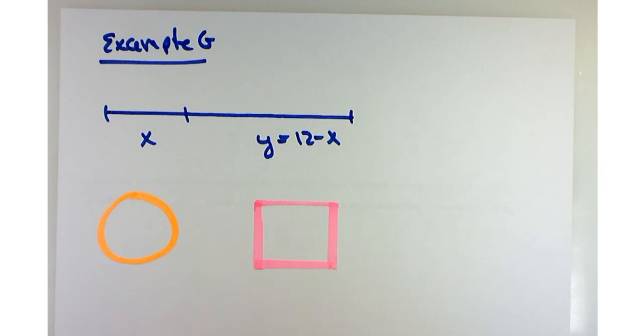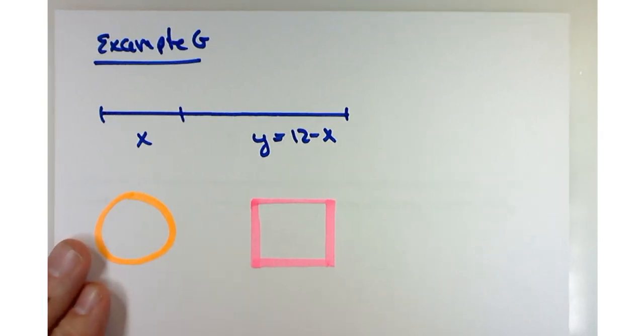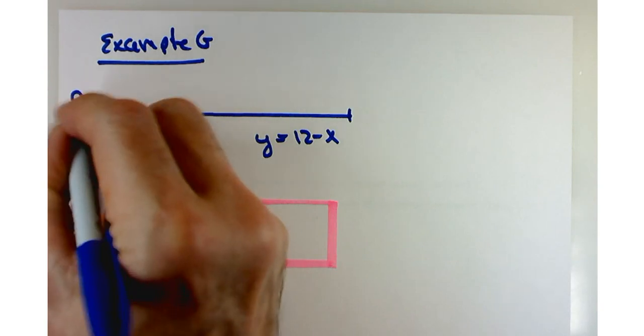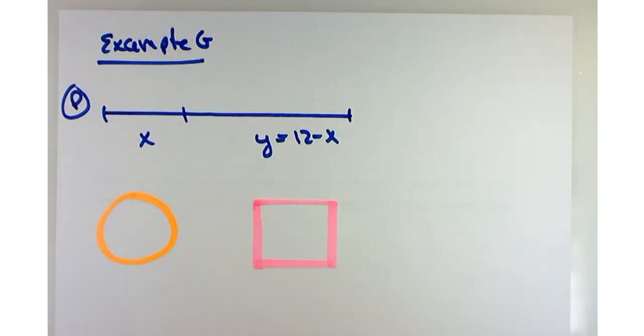Okay, so not an amazing picture, but decent enough. Now the function we're interested in is the one that represents the area of these two figures.